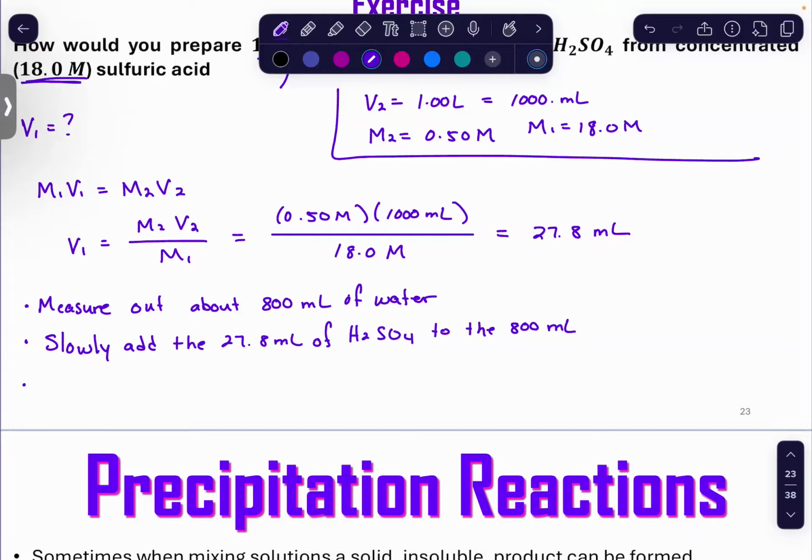Then you're going to have a little bit of room left before you're up to 1 liter. So see, now that you've added the acid to the water, the concentration's much lower. So the explosive effect is going to become minimal or disappear. So now that you have this non-explosive solution, you'll finish diluting to your 1,000 milliliters or 1 liter.